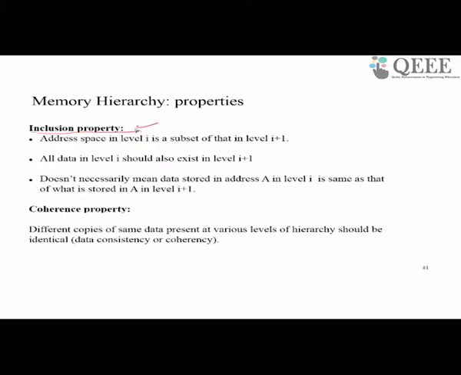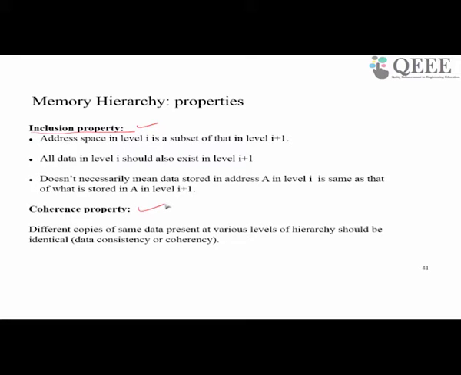So, this is what we call the inclusion property. But the data in level i, okay, which corresponds to the same data in level i plus 1, okay, can be in different addresses. Okay, the way it gets stored can be different, but the data should be included.